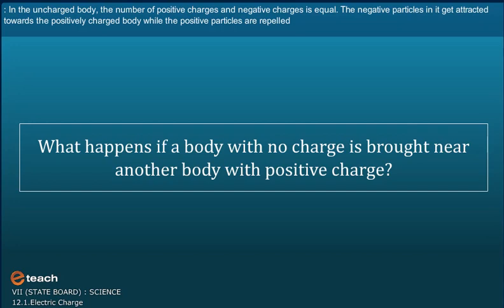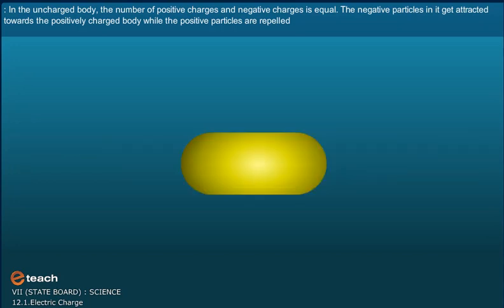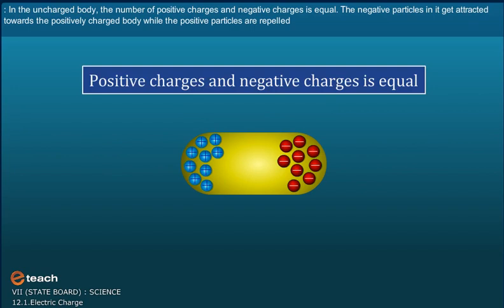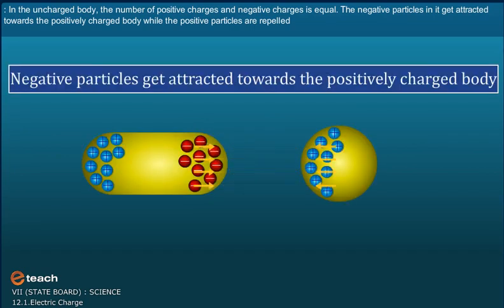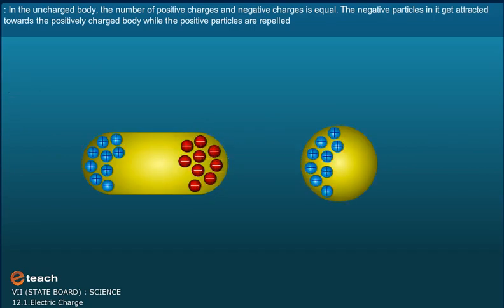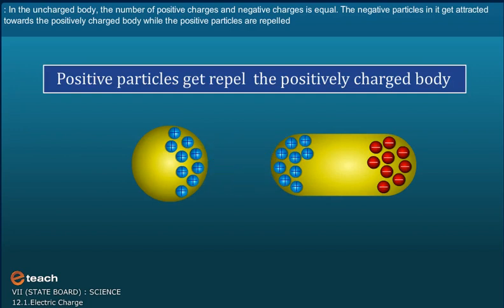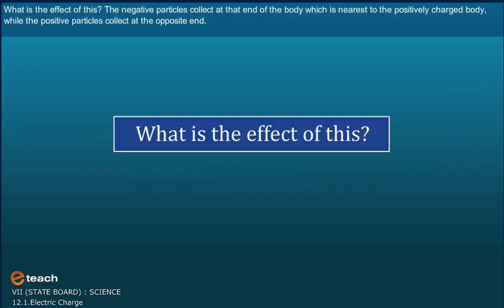What happens if a body with no charge is brought near another body with positive charge? In the uncharged body, the number of positive charges and negative charges is equal. The negative particles in it get attracted towards the positively charged body. What is the effect of this?